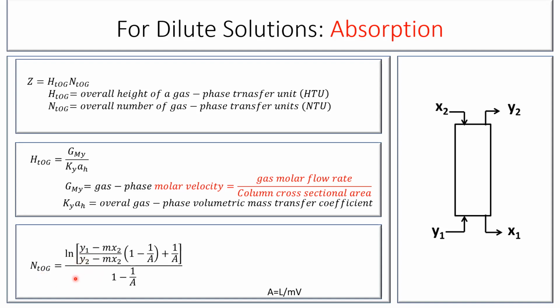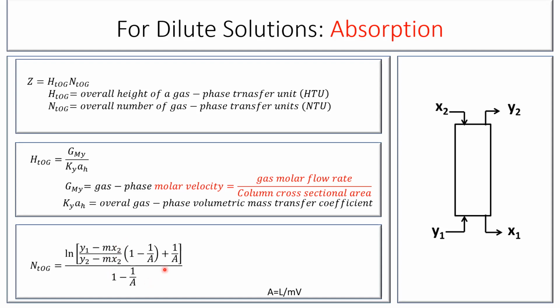In a case where we have a really very soluble solute in the solvent, so Henry's constant is very close to 0, and if we are starting with a solvent that is basically pure, then M is approaching 0, so A will be infinity, and therefore 1 over A will be almost equal to 0, and the number of transfer units can be approximated as ln y1 over y2.